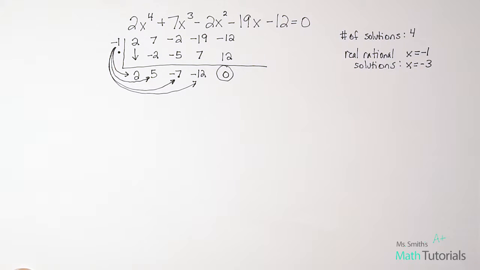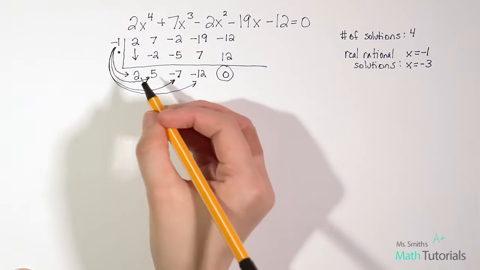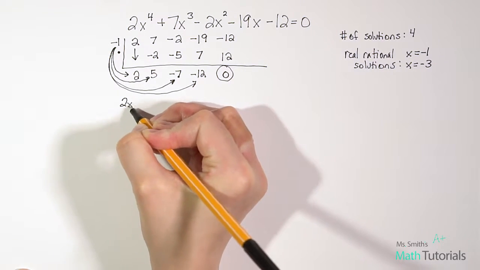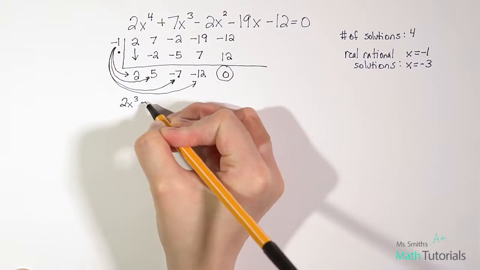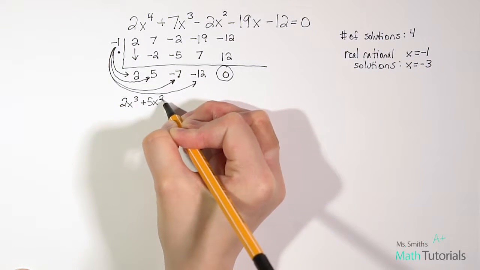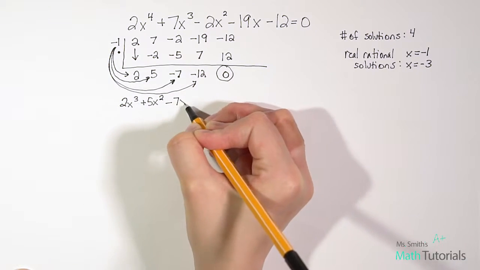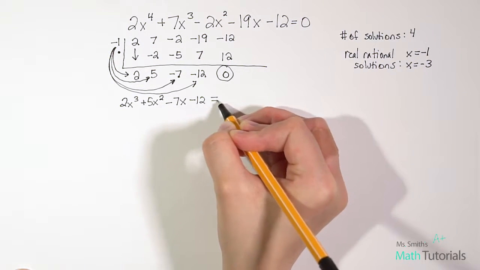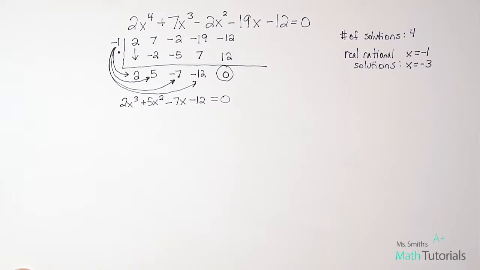So just to show you, I'm going to rewrite this with our x cubed. So our first term would be 2x cubed, and then we have a positive 5x squared, a negative 7x, and a minus 12 equals 0. Now, at this point, we've been using the quadratic formula.